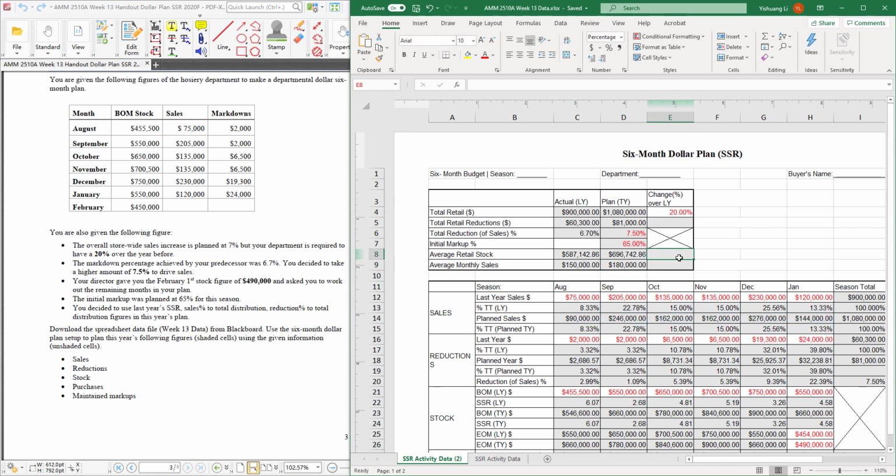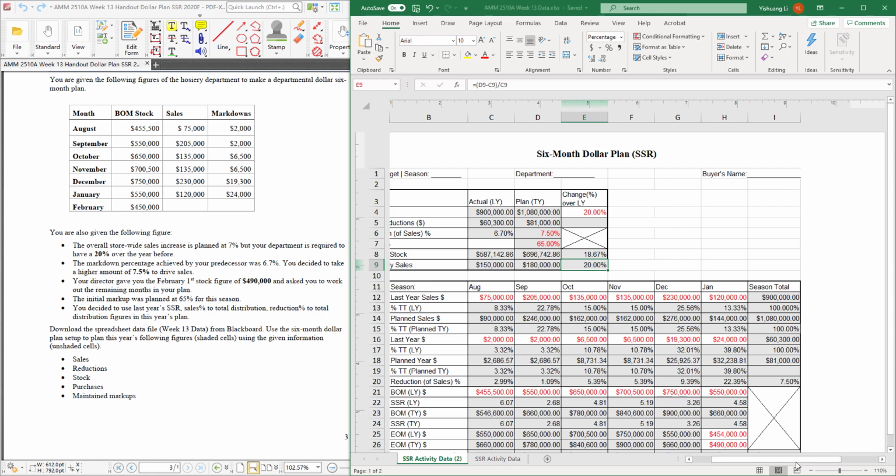Okay. The percentage change, what we can do is, well, we always do this year's number less last year's number over last year's number. The formula would be the same for the monthly sales. Okay, that's it for this week's activity.